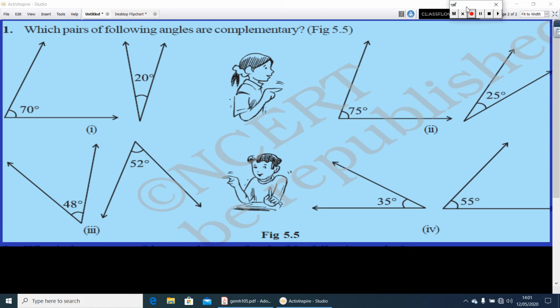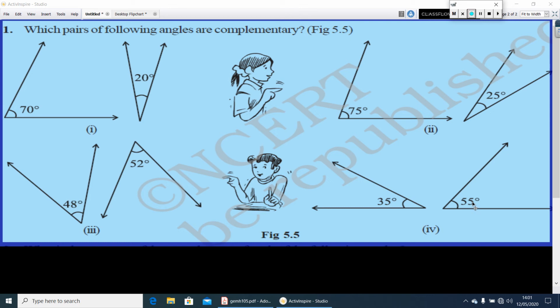I have some questions for you. Which pair of the following angles are complementary? Here, first one 70, 20. Are they complementary? Do find it out. This one 75, 25 degree. This one 48 degree, 52 degree, and this one 35 degree, 55 degree.